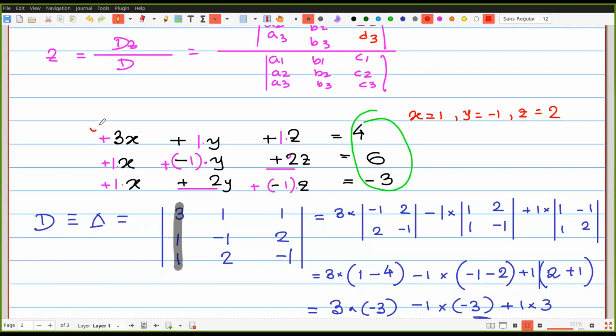Just use any two of the equations. Suppose the first one, 3x plus y plus z. Just put the value, 3 into 1, that means 3, plus 1, that means minus 1, plus z, that is 2. So that one is becoming 5 minus 1 or 4. So the answer is right, now 8.